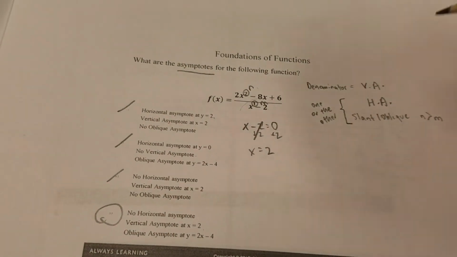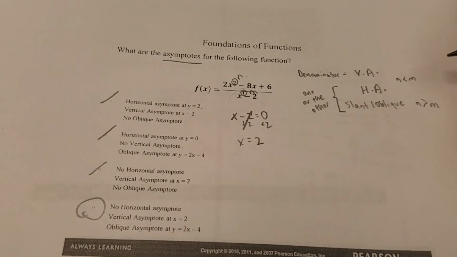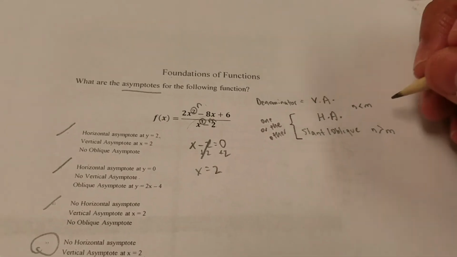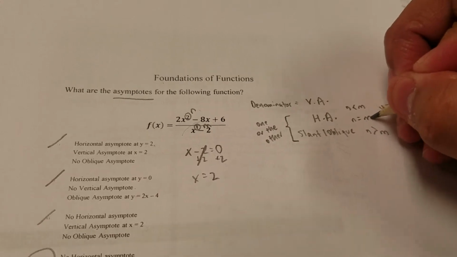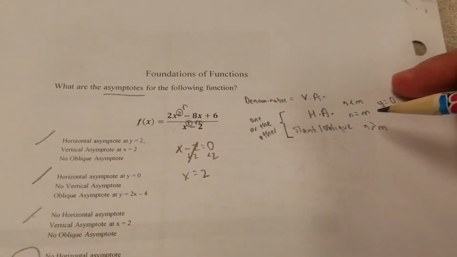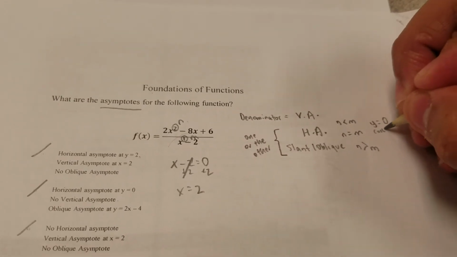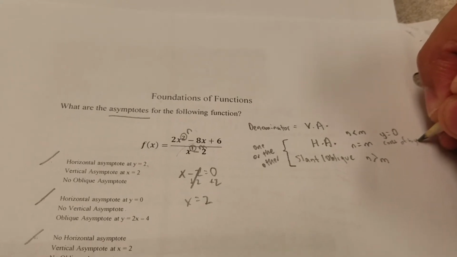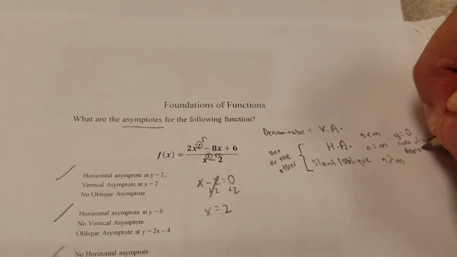Now, horizontal asymptotes can happen the other way, when it's bigger on the bottom than on the top. And in that case, it's always at y equals 0. Or when they're equal, so if I had a square up here and a square down here, then it would be the coefficients of the highest degree divided by each other.